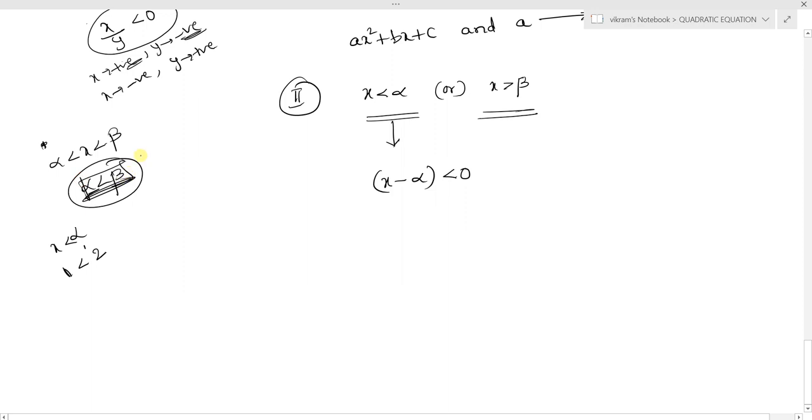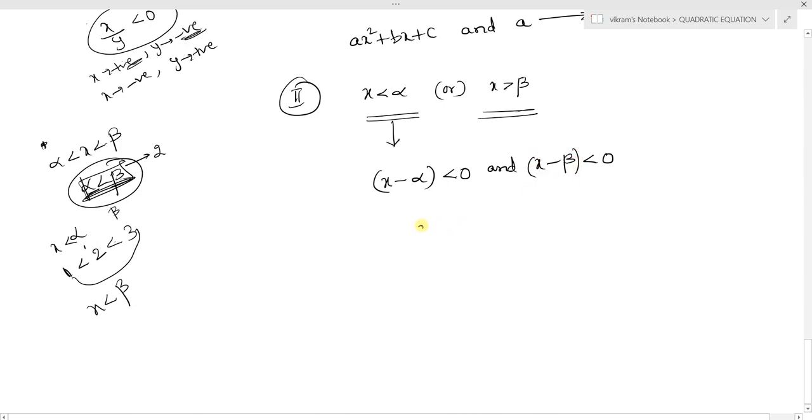This must be a considered case. If alpha less than beta, then for example beta equals 3, so 2 less than 3. So from this we can say that x is less than beta also. So if x is less than alpha, x minus beta is also less than 0.